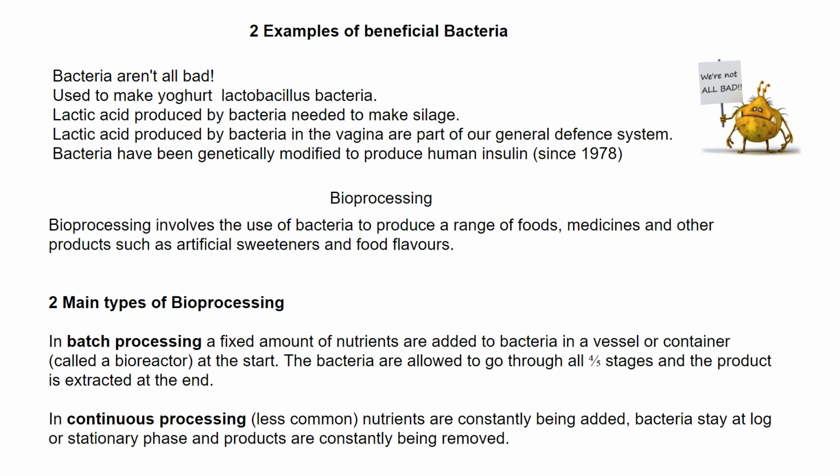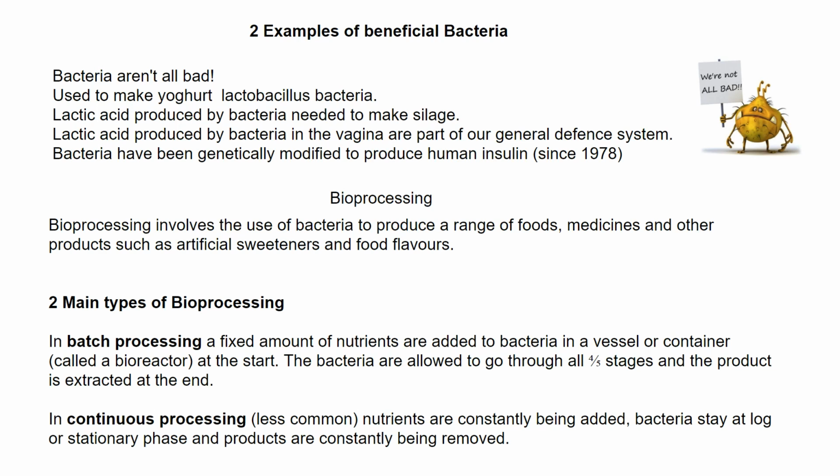So the container needs to be cleaned out and reused, and could be used for a different purpose the following week. So to recap, in batch processing, a measured amount of nutrients is added to a measured amount of bacteria at the start. They're allowed to grow and go through all the stages in the bacteria growth curve, and the product is extracted at the end.